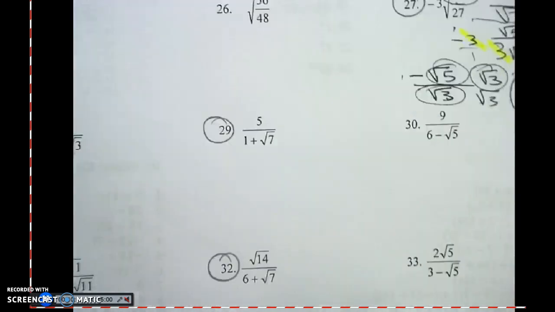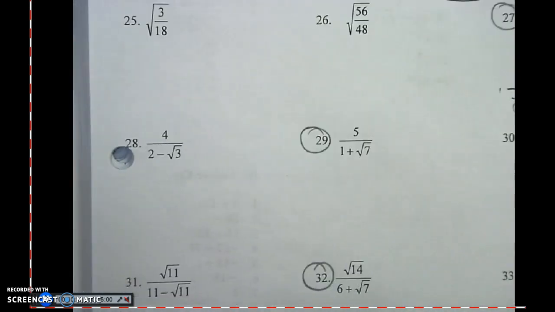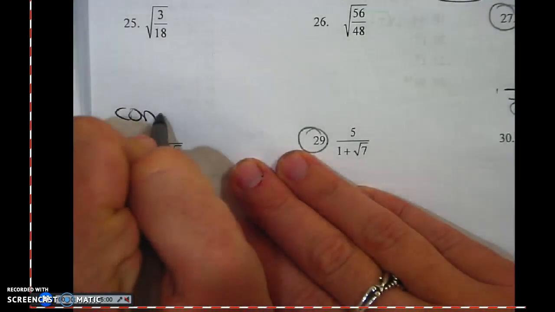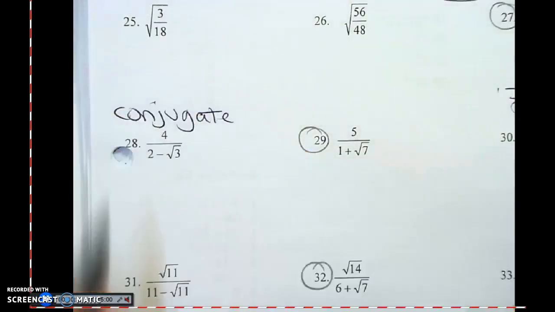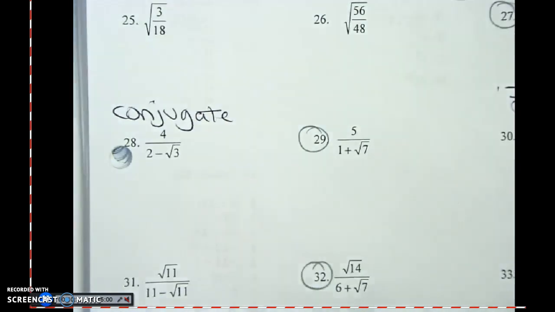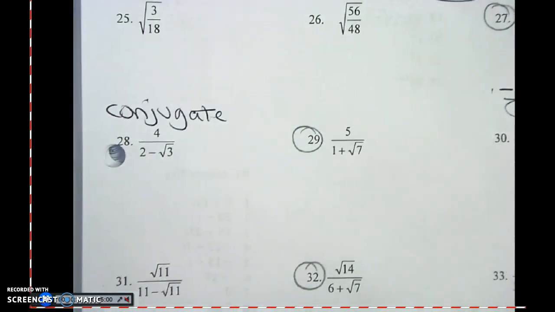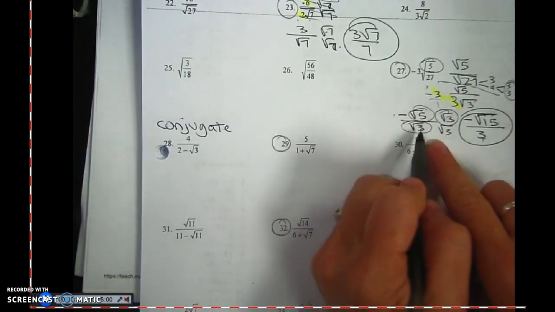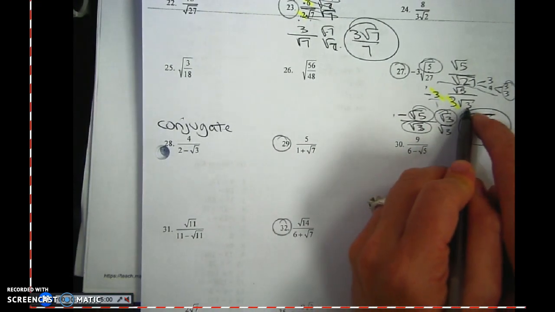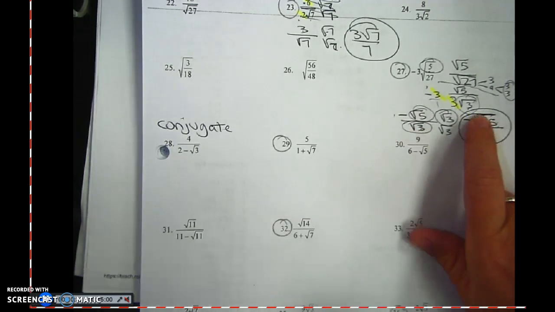All right, starting from number 28, there's something called the conjugate. I'm probably going to spell it wrong. I think I mixed up my J and my G. But what the conjugate means, and if you look at how this is different from the previous one, this just had like 3 times rad 3. So all I cared about was the rad 3 and it was gone.